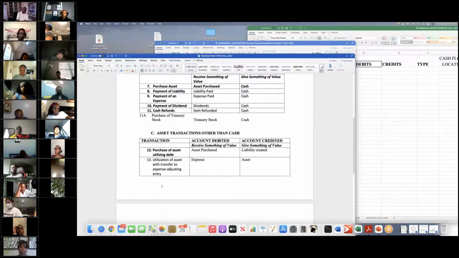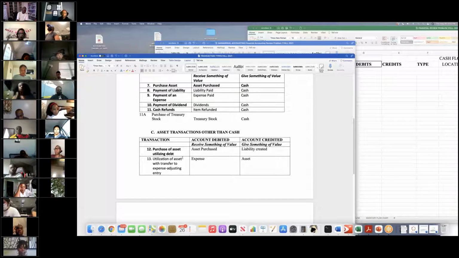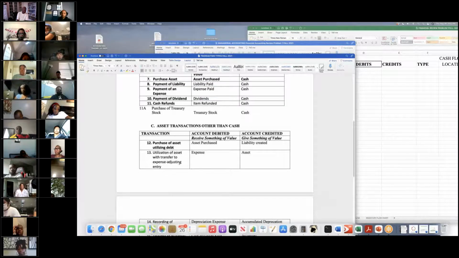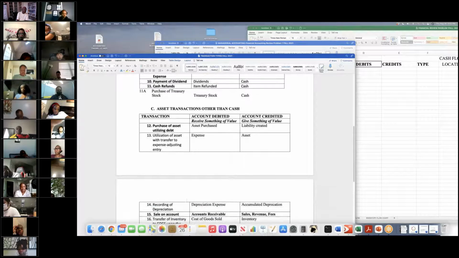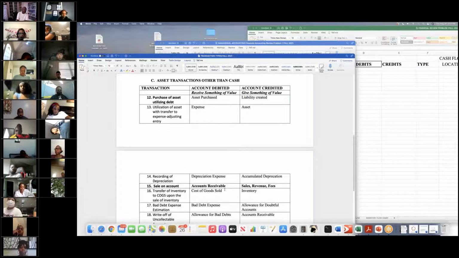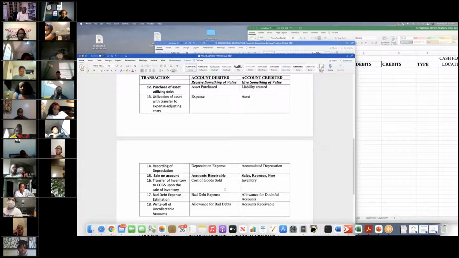Then sometimes we have transactions other than cash: purchase of an asset using debt, making an adjusting entry such as recording depreciation, and sales on account. Cash is not involved in those entries; something else is. We see sales on account a lot.